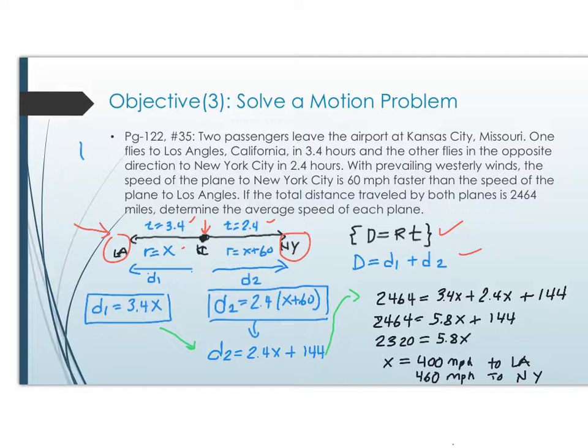D1, if I multiply the rate times the time, is just 3.4x. For D2, I get 2.4 times x plus 60. When I do the distribution property, D2 is equal to 2.4x plus 144.